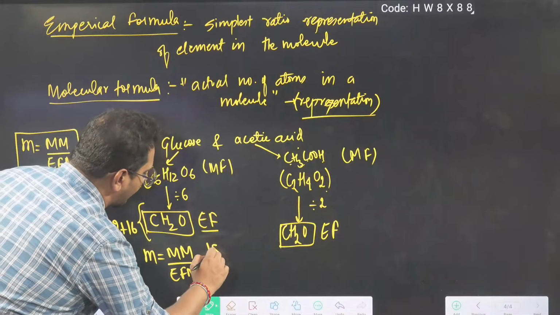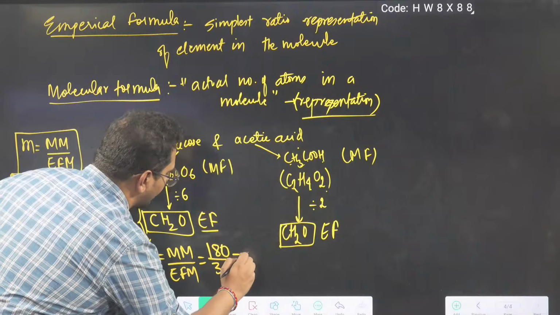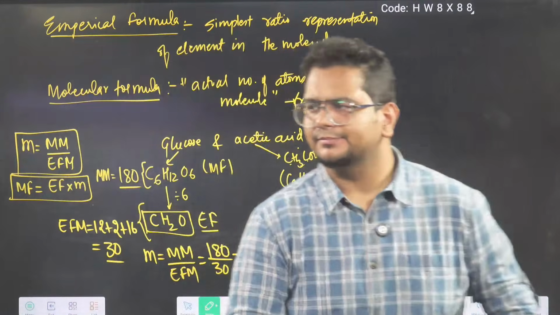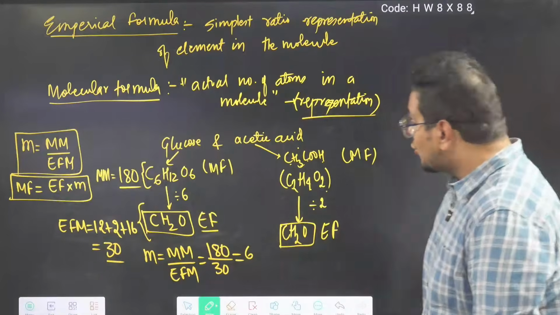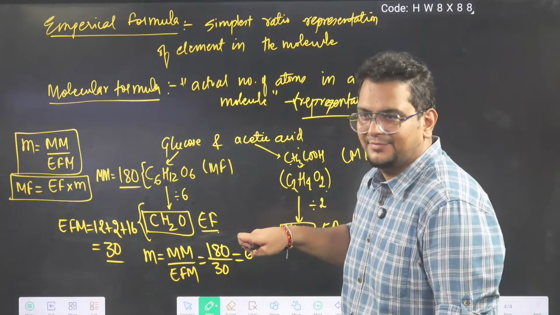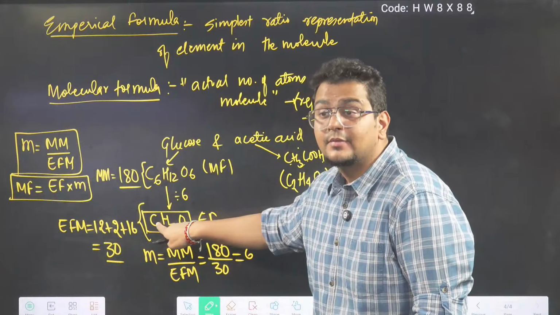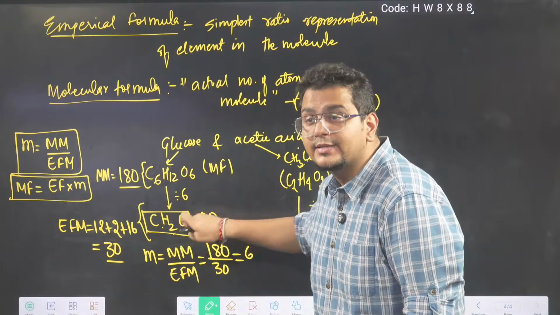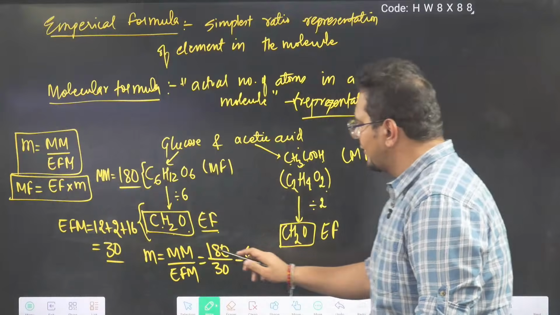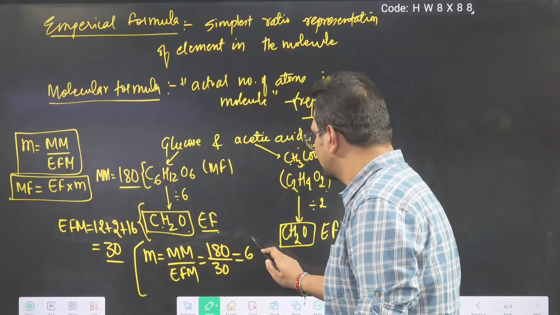What is the value here? 180 by 30. 6. 6 is the value of M coming. So in this empirical formula, if I multiply by this 6, you will get C6H12O6. That is glucose. Understood how to find M.